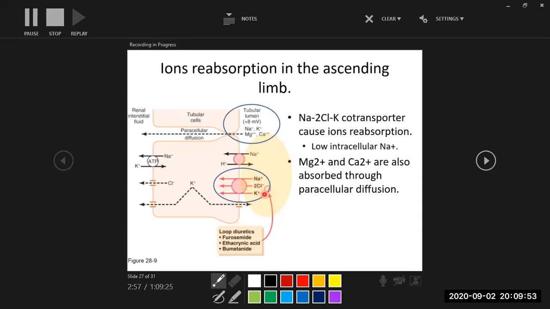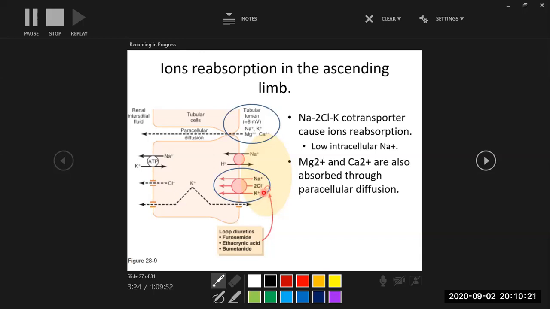Later we will talk about the loop diuretics, which act on it to increase urination. But at this point, we don't need to worry about it. We will talk about it in 2-3 slides later. At this point, just focus on this channel, the sodium 2-chloride potassium co-transporter.